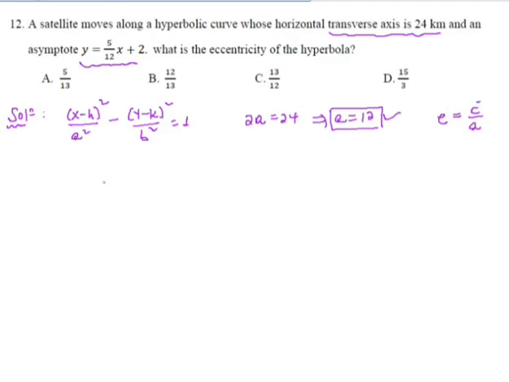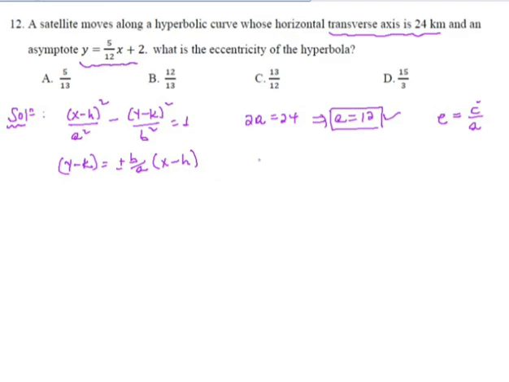The other information we need regarding this hyperbola is the asymptotes, given by y minus k is equal to plus or minus b over a into x minus h.